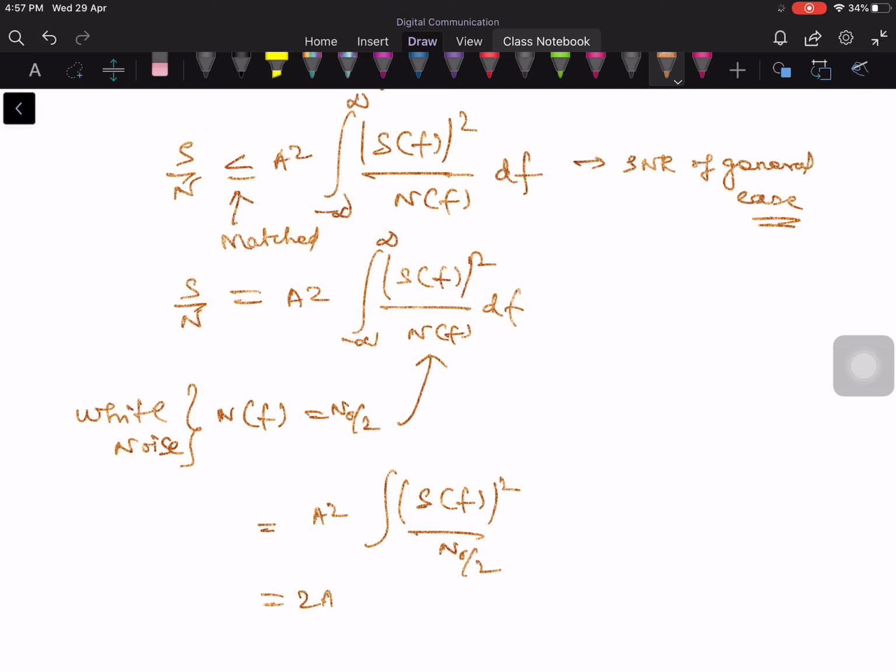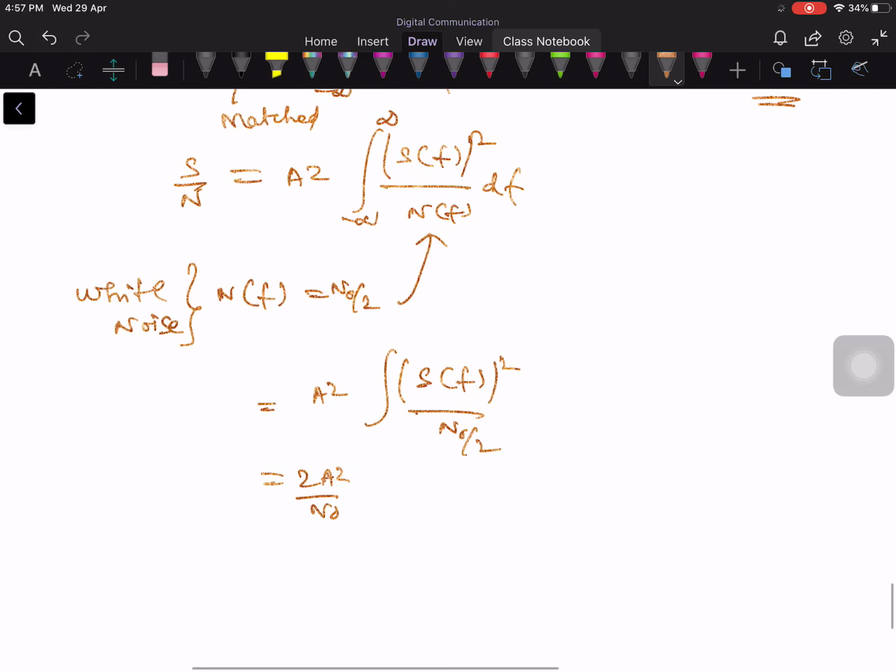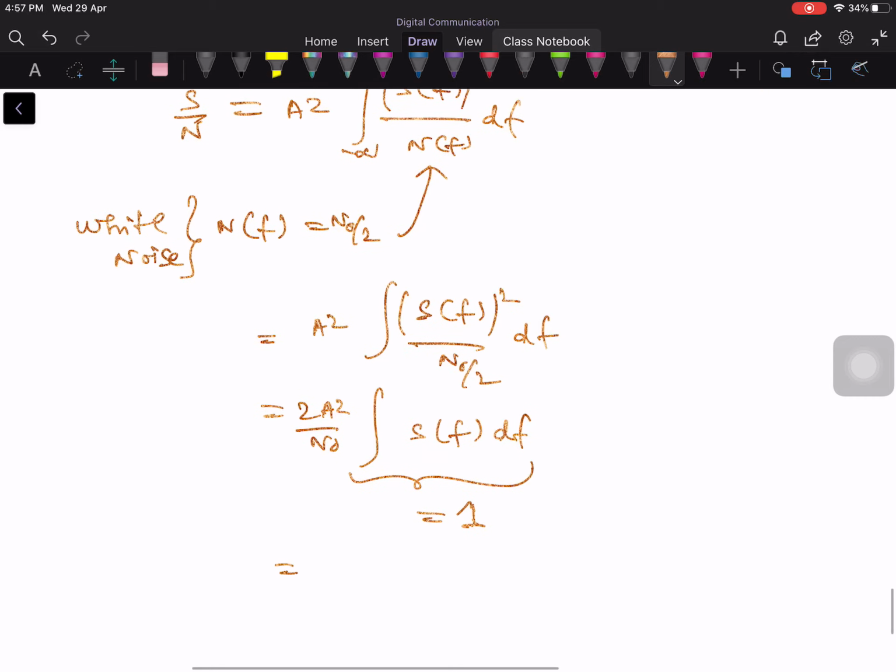So this is 2A square by N0 times the integral of mod S(f) square df, and again by Parseval's theorem this is equal to 1, unity. Either you calculate the energy in the time domain or in the frequency domain, it should be equal to 1. So again you end up with 2A square by N0, which is 2 times E_p by N0.